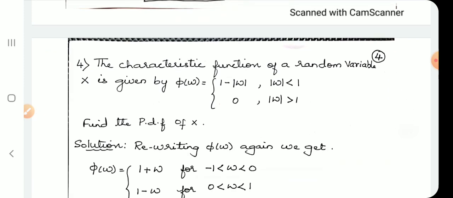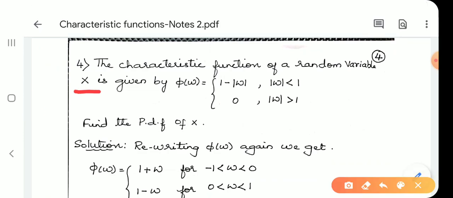Let us see one more problem. The problem goes like this. The characteristic function of a random variable x is given by phi of omega is equal to 1 minus mod of omega if mod of omega is less than 1, 0 if mod of omega is greater than 1.